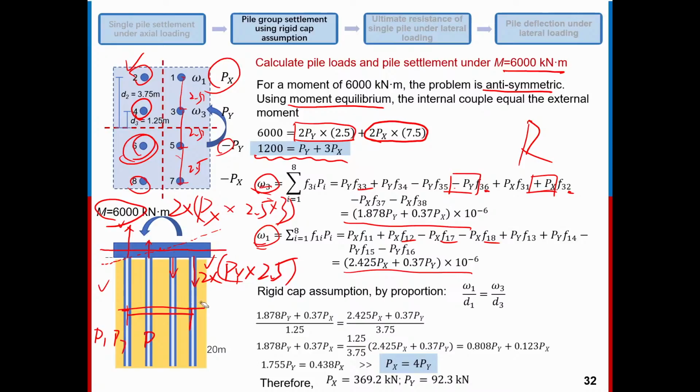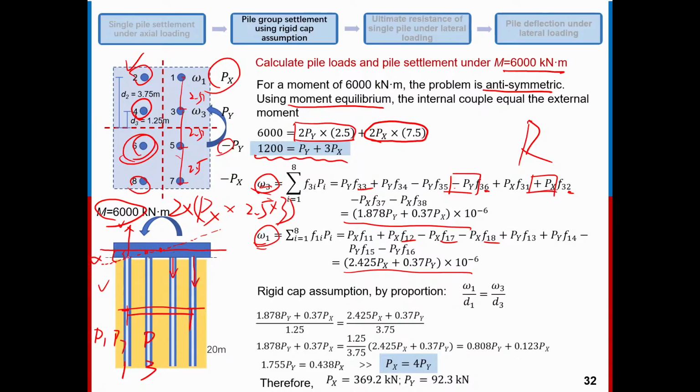So let's see another issue about the proportional relationship between 1 and 3. If we say this is pile 1 and this is pile 3, and the settlement between omega 1 and omega 3, you can see if this one is in the center, the rigid cap will rotate by a certain angle, alpha. You can imagine that the settlement of pile 1 is this much, and the settlement of pile 3 is only this much, very small.